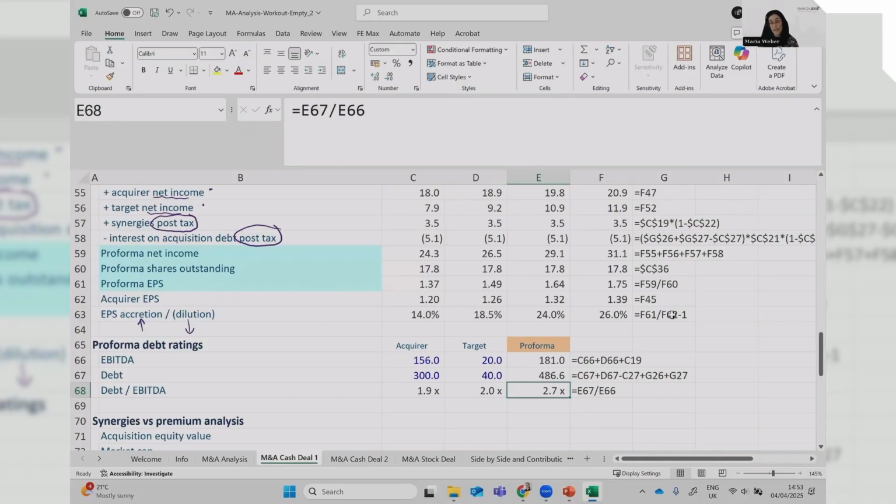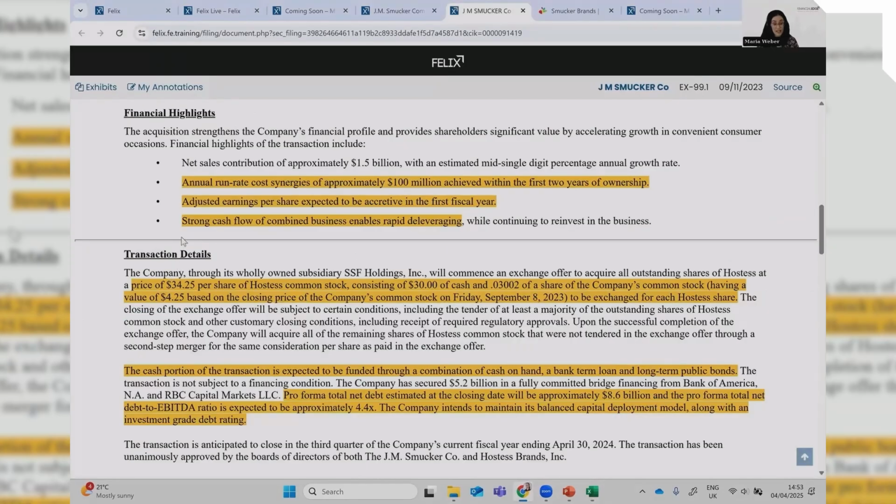But what you'll often see in announcements where debt is being used to fund the deal is something like this. So here we see an emphasis. If you look at the financial highlights up at the top, we see this emphasis on strong cash flow of the combined businesses to enable rapid deleveraging.